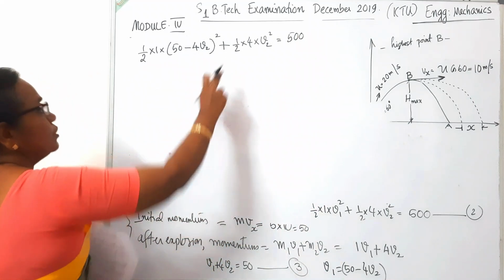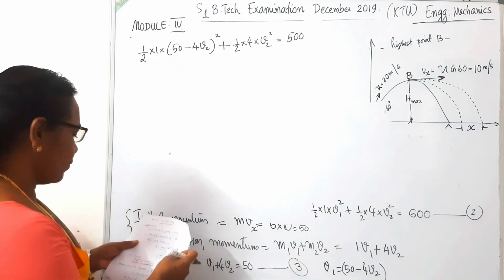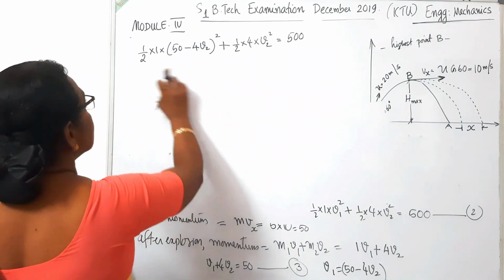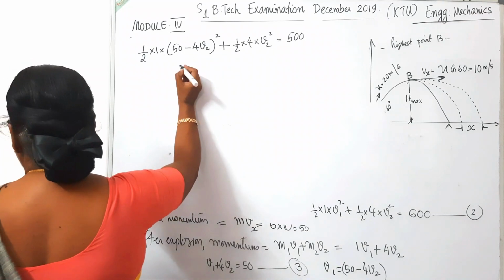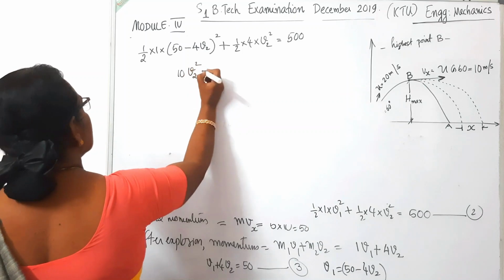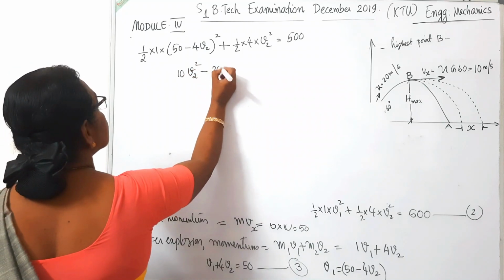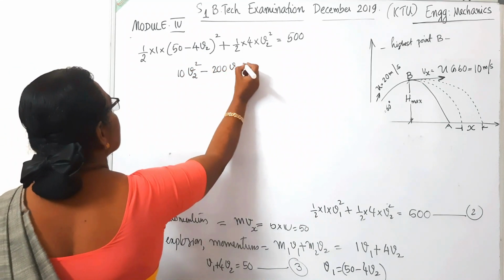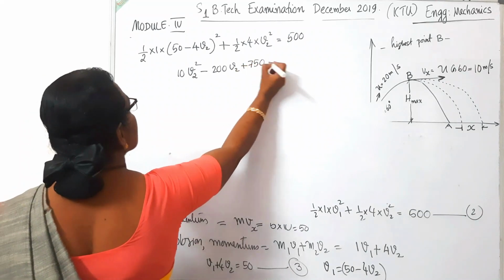So this is an expression in v2 square alone. Once you reduce it, you can get 10 v2 square minus 200 v2 plus 750 is equal to 0.